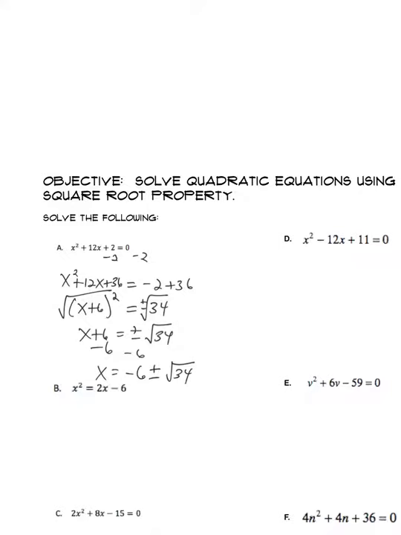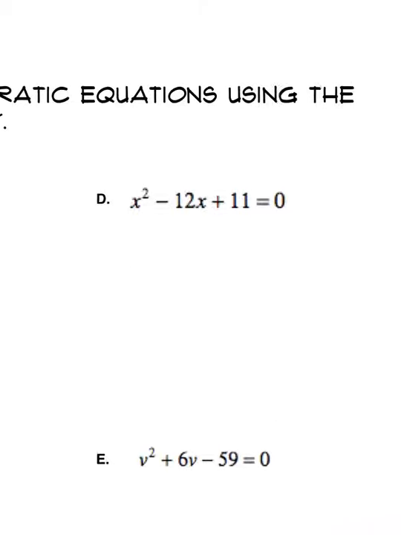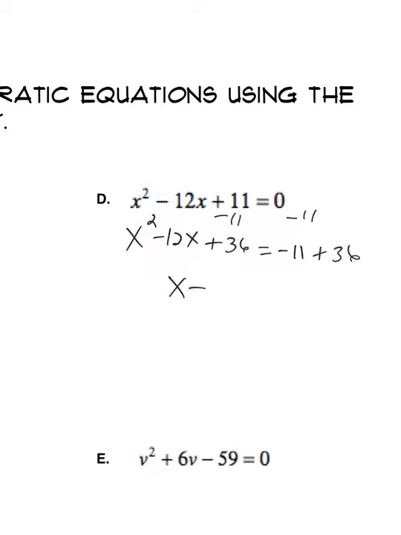Let's go to D. I'm hoping that on these you are pausing here and there and trying them on your own. I am going to start by subtracting 11 from both sides. And then half of negative 12 is negative 6, and negative 6 squared is positive 36. So I have x minus 6 squared equals 25.